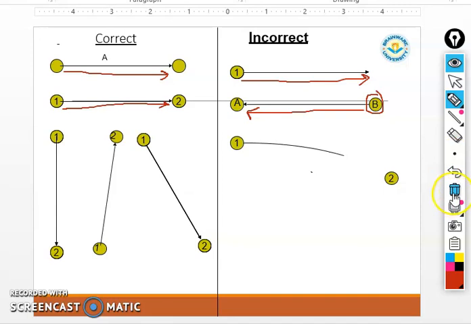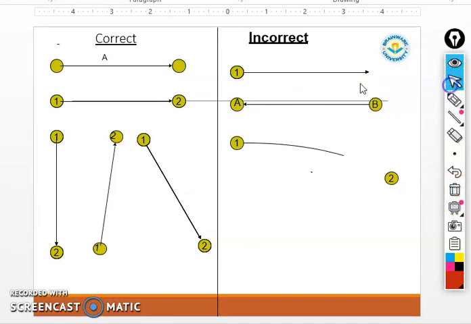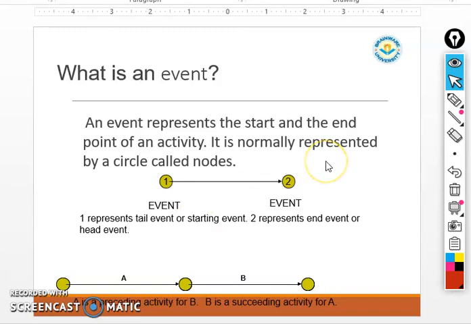In the next slide we move to what is an event. It's very important. In this slide we represent what is an event, the clear idea regarding event.